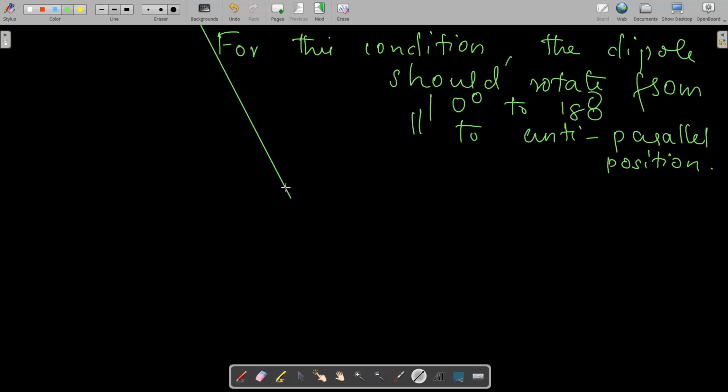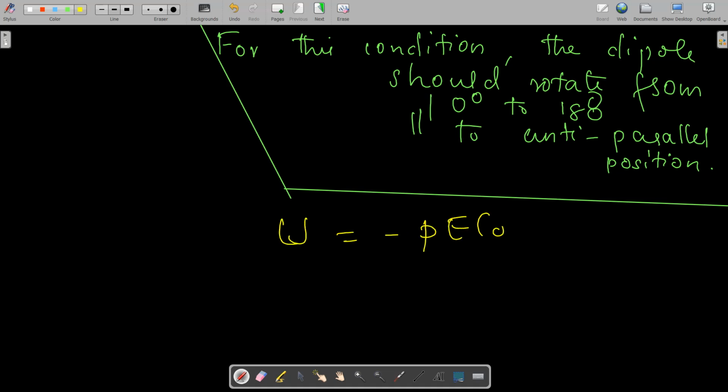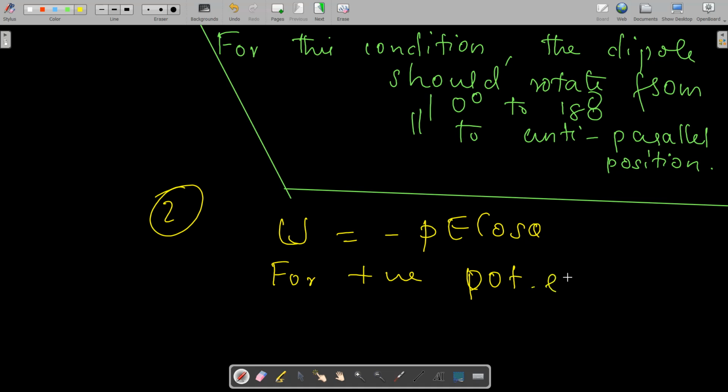Okay. For the second equation, we have U equal to minus PE cos theta. If you are using the second equation, what we need to do: for positive potential energy, cos theta must be minus 1.